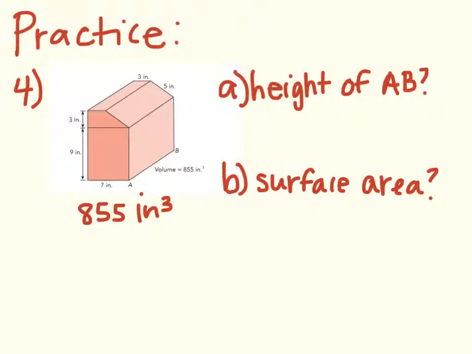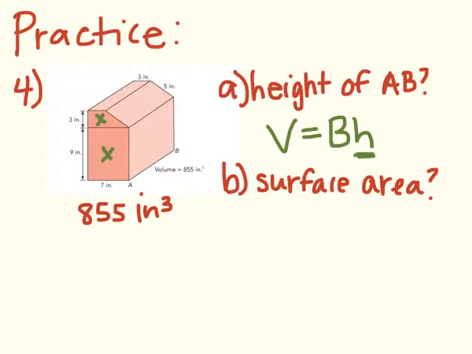As a reminder, the steps will be to find the area of the pentagonal base. So use what you know about finding the area of first this rectangle and then this trapezoid. Add those together and that will give you the area of your pentagonal base. Then use V equals base times height to solve for your height.